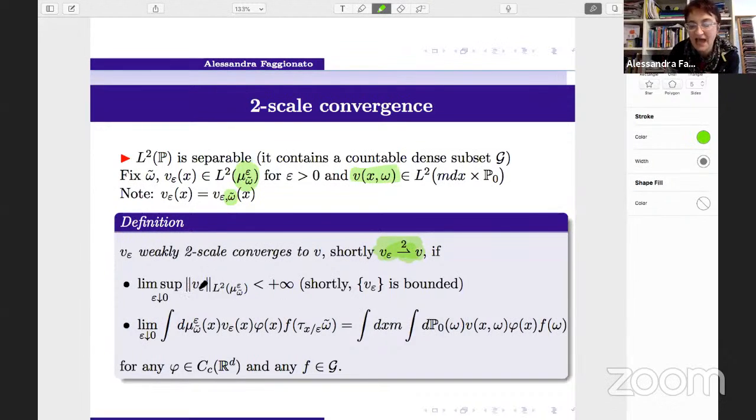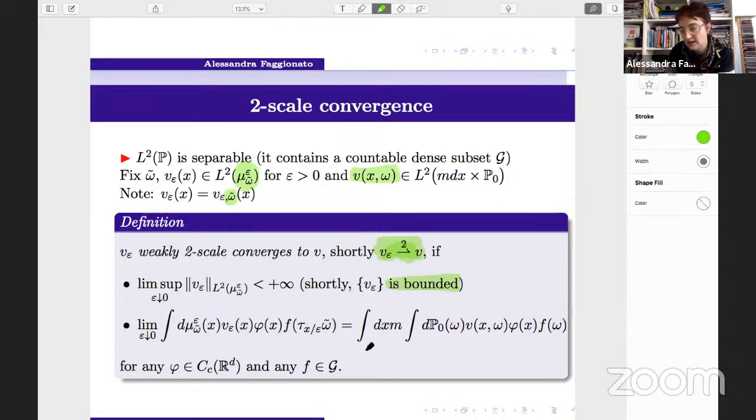So the sequence V epsilon, which is a family of functions living in different spaces when epsilon changes, is bounded asymptotically when epsilon goes to 0. And then, when I take a function phi of x and I multiply by a function f of the environment, observed centering my microscope at x and zooming out, and I take the product with V epsilon and integrate with respect to the rescaled reversible measure, the limit in some sense forgets omega tilde, and the effect of the environment is given by this average with respect to the Palm distribution.